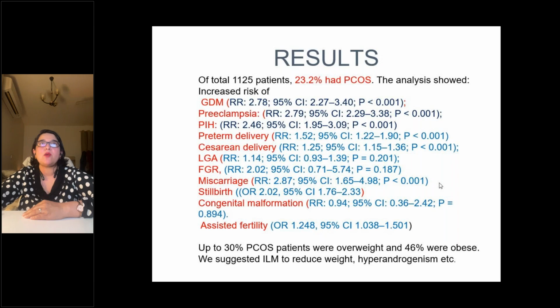And the results, we found that out of those 1125, 23.2% were already diagnosed with polycystic ovary syndrome.